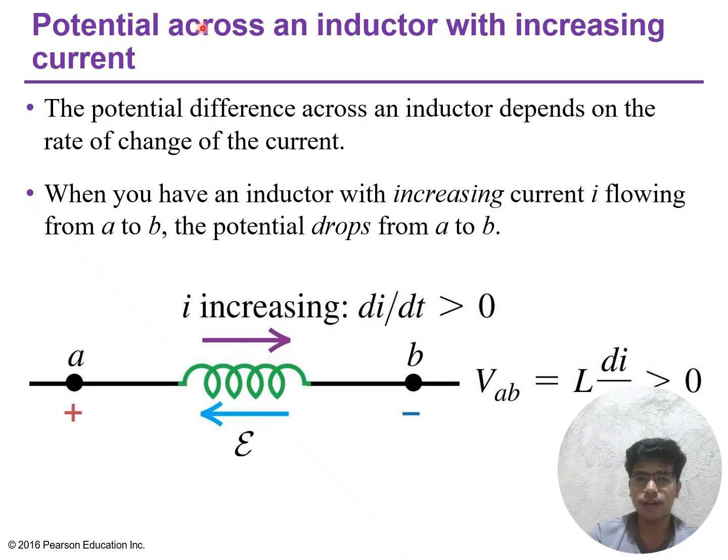So for the potential across an inductor with increasing current, when current increases, di over dt greater than 0, the inductor develops a voltage V subscript L is equal to L di over dt that opposes the change.